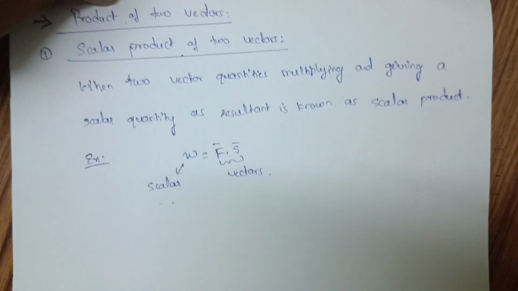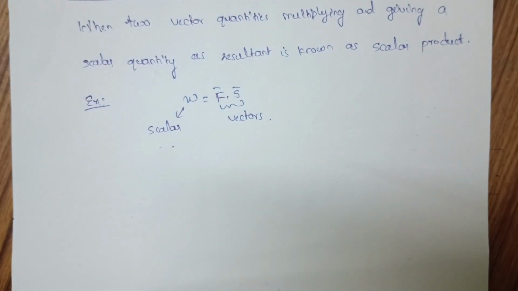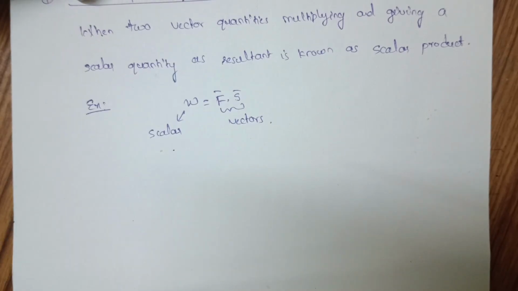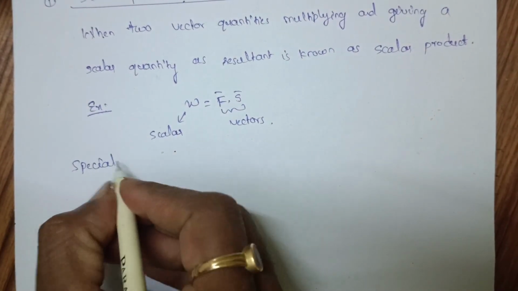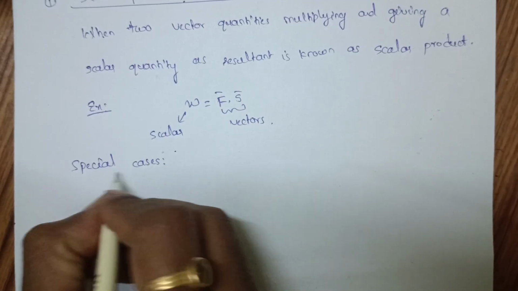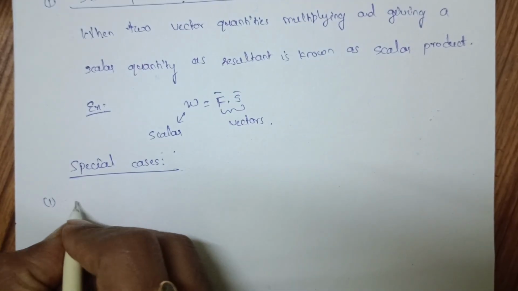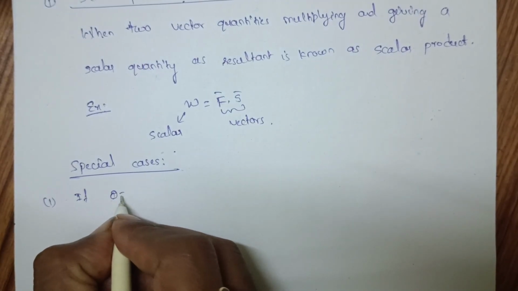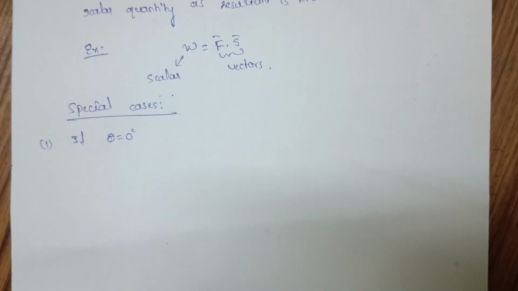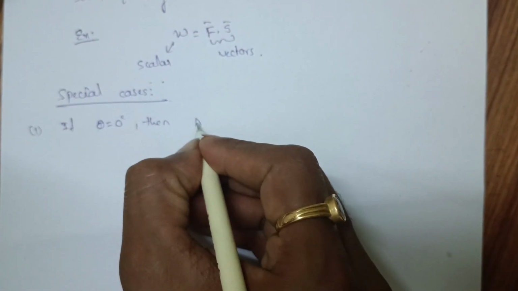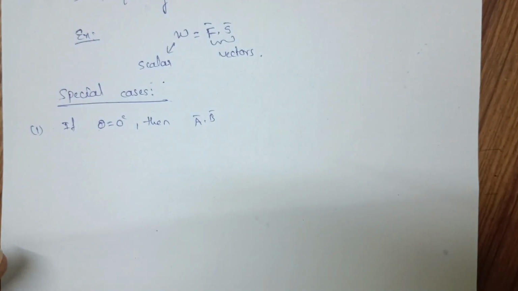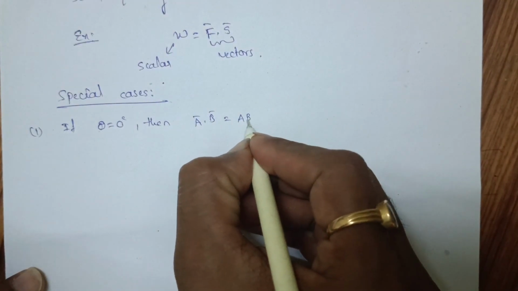Okay, then next point is, let us see some special cases in scalar product. Special cases. Number one, if theta is equals to 0 degrees, then A dot B is equals to AB.